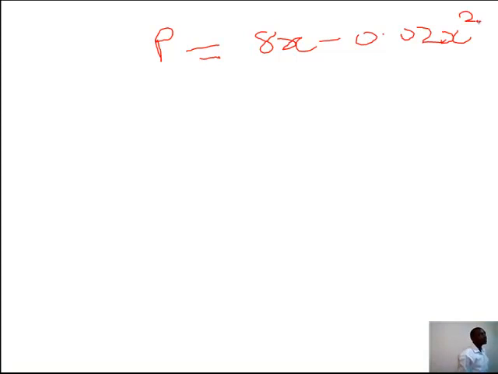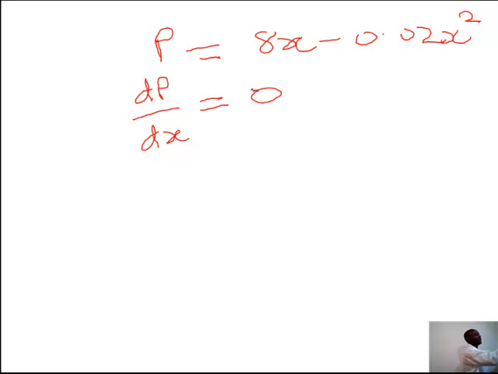The question said P is 8x minus 0.02x squared. That is the expression. Now the profit is going to be maximum when dP/dx, that is the change in profit with barrel, equals 0. Our profit is going to be maximum, that is P will be maximum.